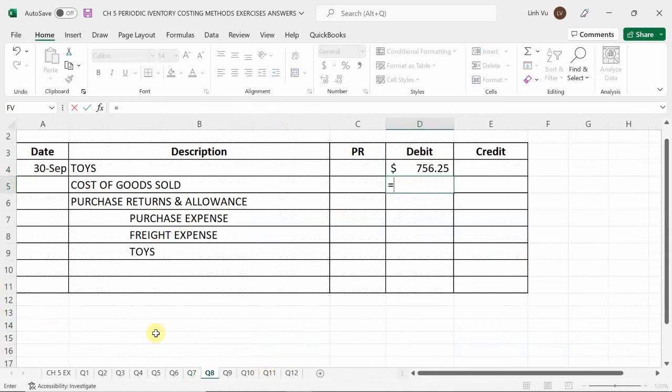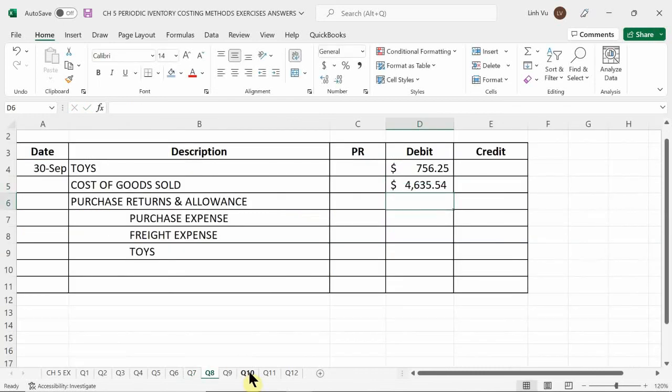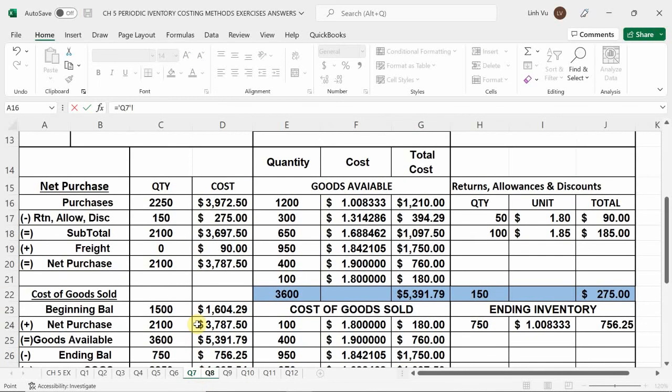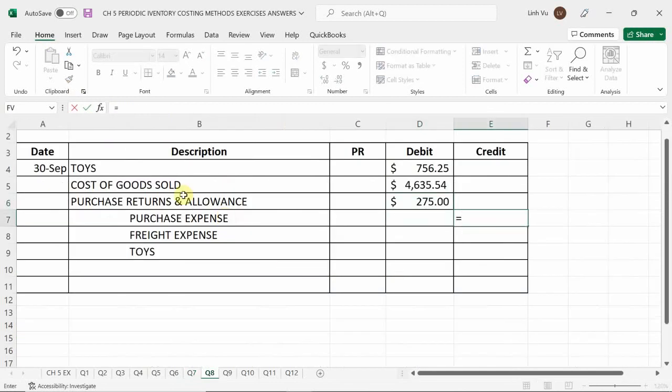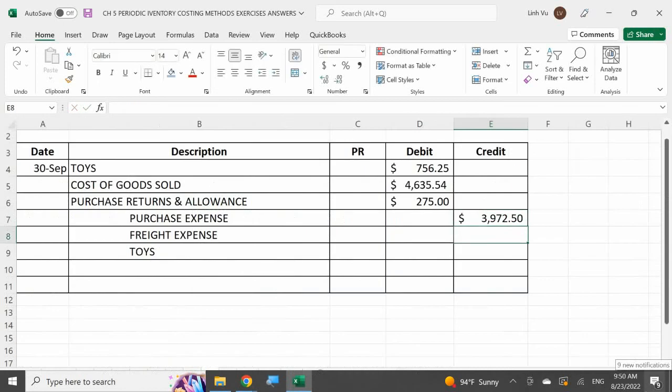What was my total cost of goods sold? 4,635. Good. What was my total purchase returns and allowances? 275. My total purchases, my purchase price? 3,972.50.